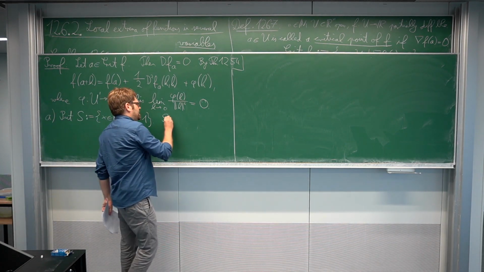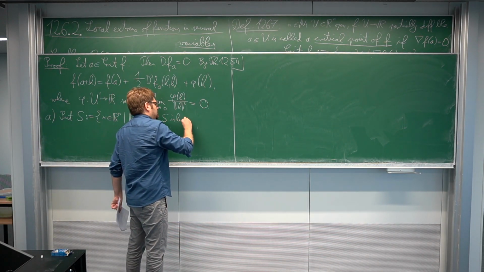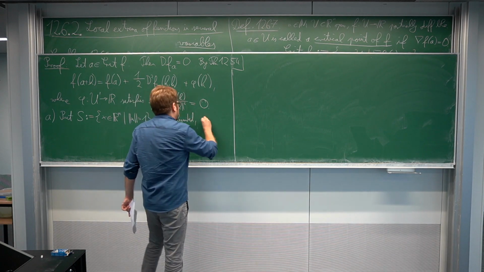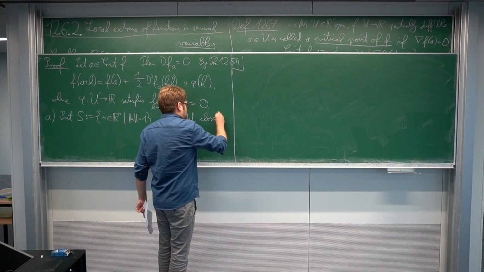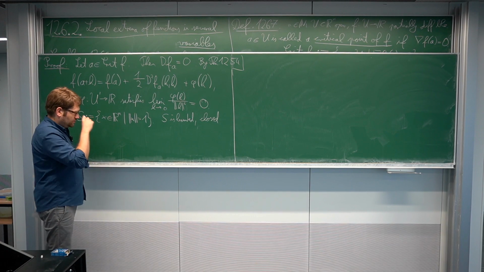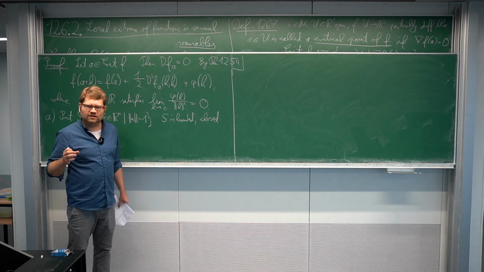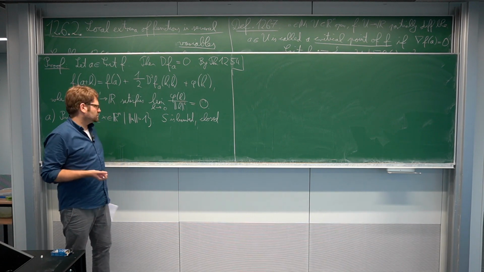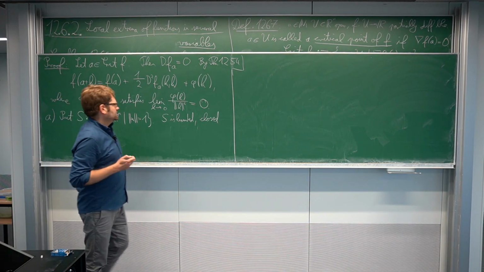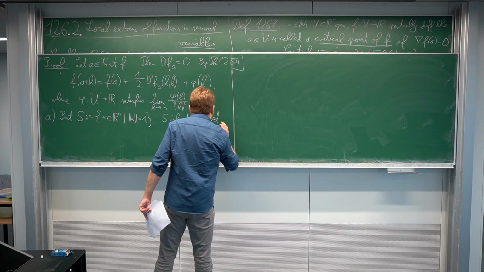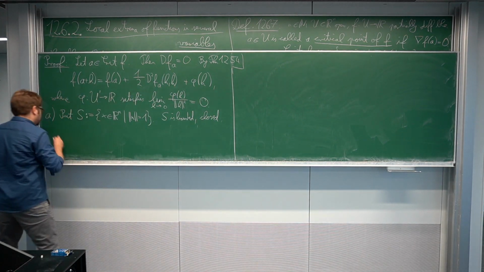You can easily see S is bounded, this is obvious, and you can also easily see that it's closed, for example with the sequence condition. If you have a sequence, where the norm of every element is 1, which converges, then the limit will also have norm 1, which follows from the continuity of the norm. Since S is bounded and closed, S is compact by Heine-Borel.